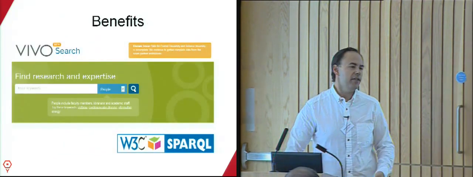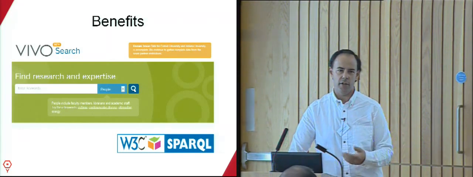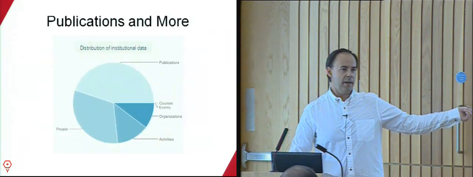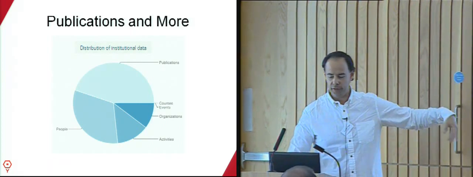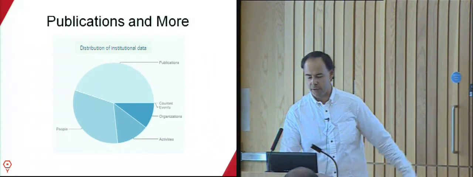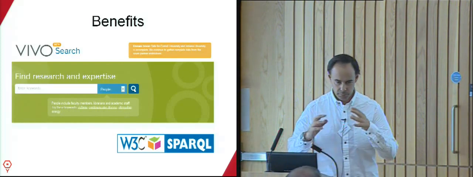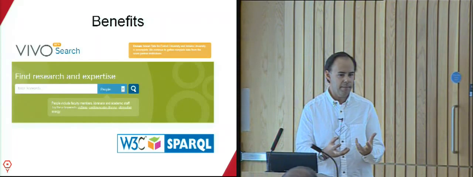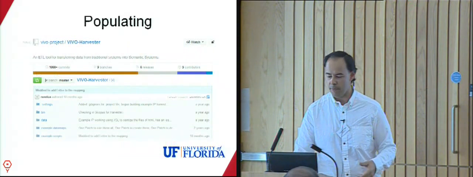The benefits: you've got SPARQL endpoints that people can query and integrate with. You've got things like VIVO Search that aggregates all of this information, a view of the data across many institutions. It's about creating a network for discovery, not just in your own university. It is a showcase for your university, but also a way of discovering across multiple universities.